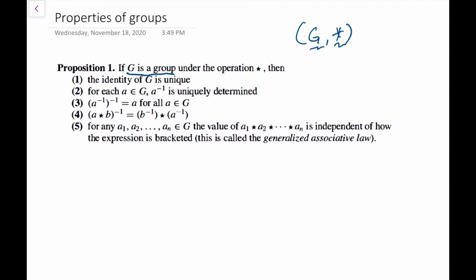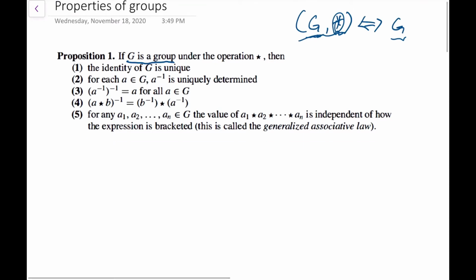But for convenience, if there is no confusion, we usually just use the letter of the set to denote this group. So we can say this is group G, and we omit this operation symbol. And so this group G is the same as this notation. Okay. Now let's look at the properties about the groups.